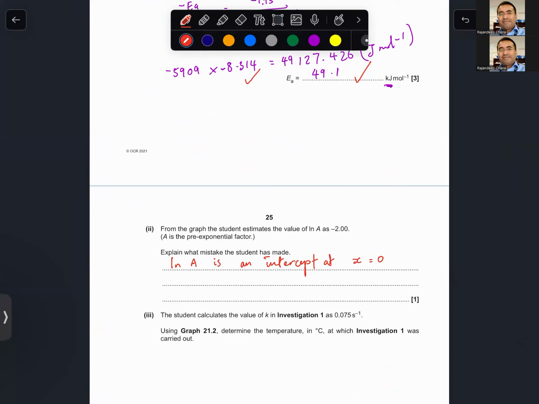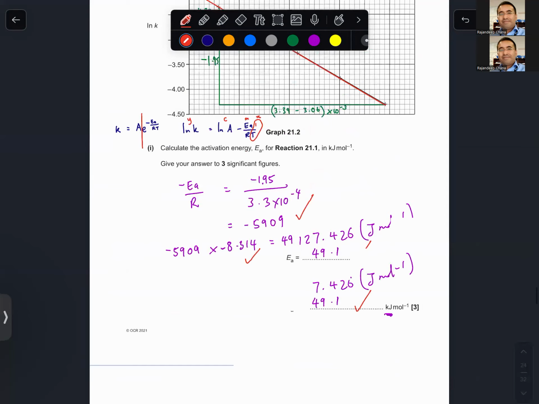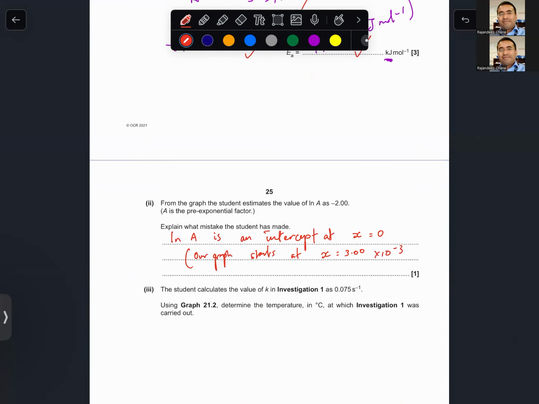That's why. Our graph starts at x equals 3.00. Is it 3.00? Yep. Times 10 to the minus 3.